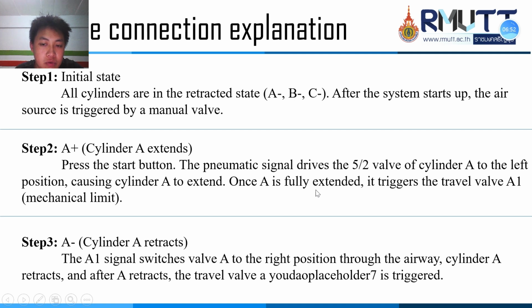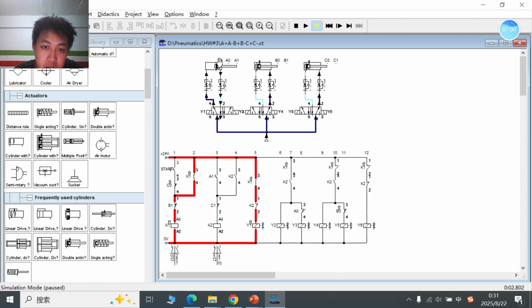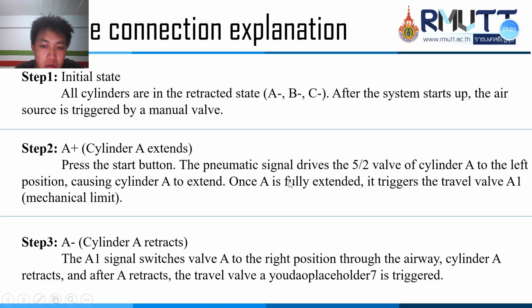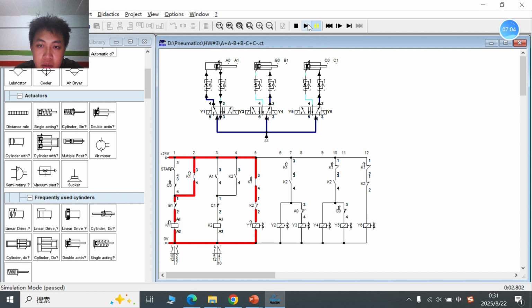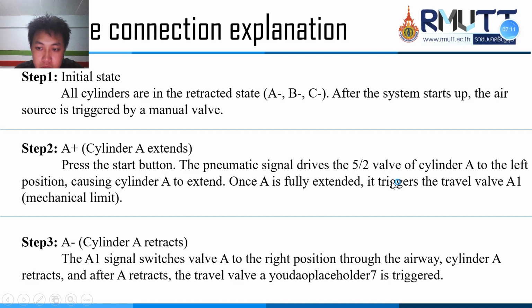Once A is fully extended, it targets the travel valve A1. So when it's fully extended, we can see it targets the travel valve A1.